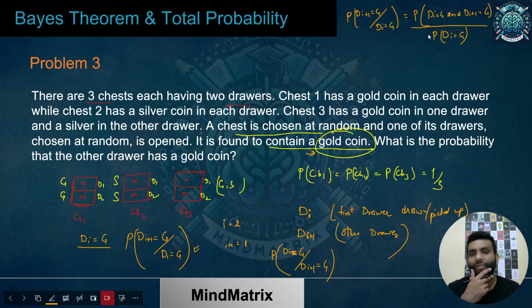This is going to be my final answer: the probability that both drawers contain gold coin, divided by gold in my first drawer.